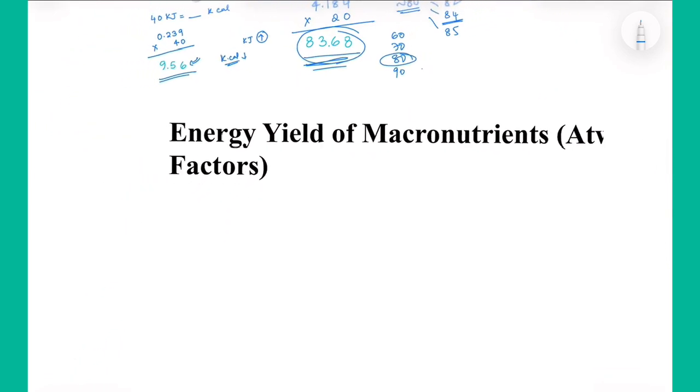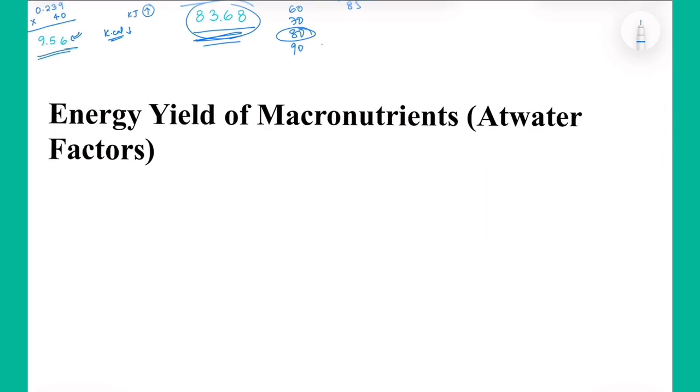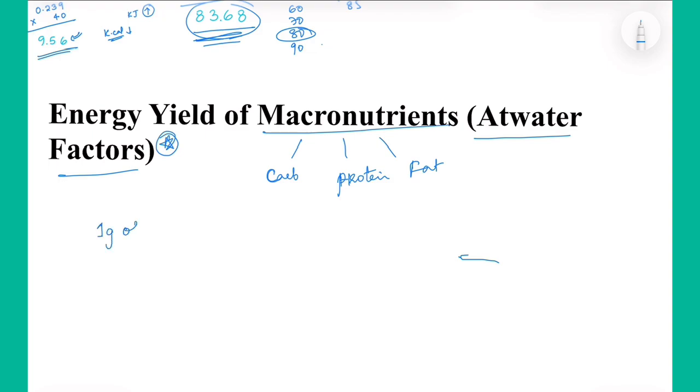Now let us understand how much energy each macronutrient will give you. As you all know, you have 3 macronutrients: carbohydrate, protein and fat, correct? And this system was proposed by Atwater, the Atwater factors. This is also a major term that you need to remember. 1 gram of carbs will give you 4 kcal.